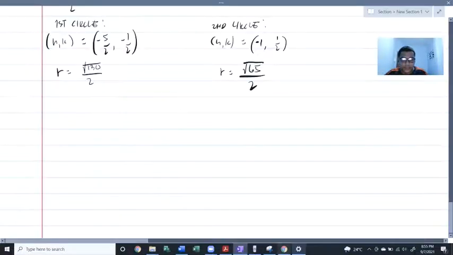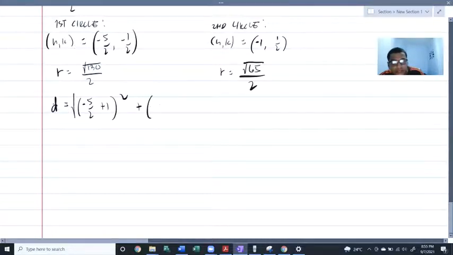Lobat na ba? Hindi pa. By using a distance formula, we can solve for the distance between the two centers. We have d is equal to square root of -5 halves plus 1 squared plus -1 half minus 1 half squared.